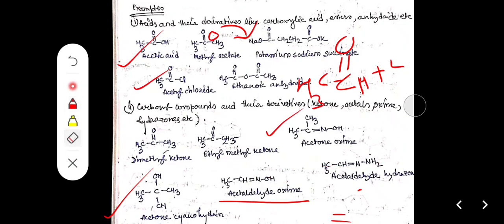If in place of NH2OH, hydrazine NH2NH2 reacts, then we get acetaldehyde hydrazone. If acetaldehyde reacts with hydrazine, one water molecule is removed, so overall we get acetaldehyde hydrazone. Due to hydrazine, the compound from carbonyl is nothing but a hydrazone.